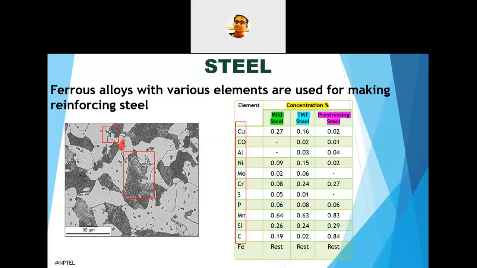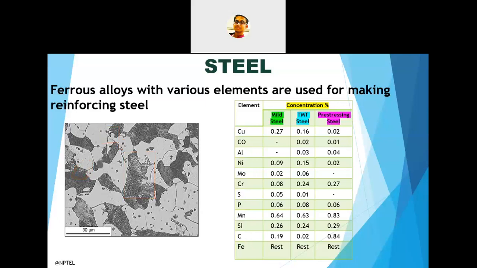If we have different phases like this in the microstructure, a corrosion cell can be generated, because different phases have different properties, and automatically the corrosion cell will generate. We'll see the corrosion cell in detail in the upcoming slides.